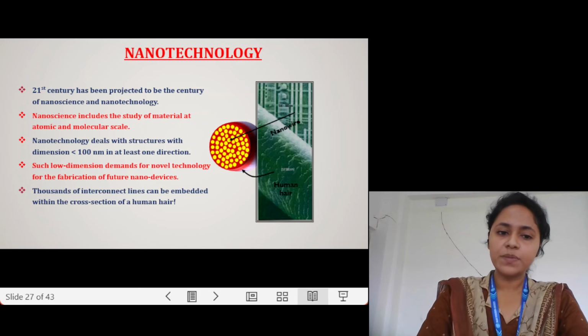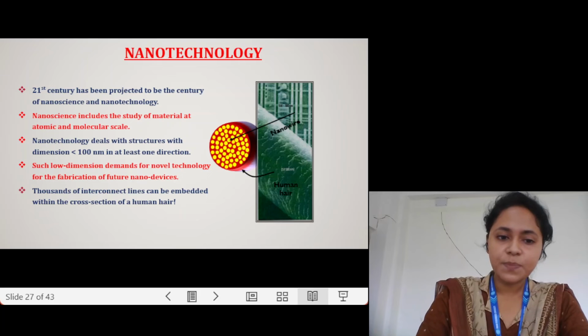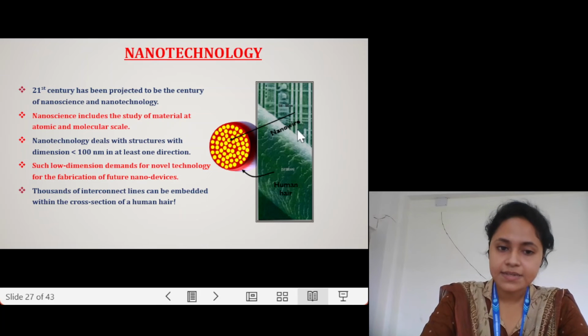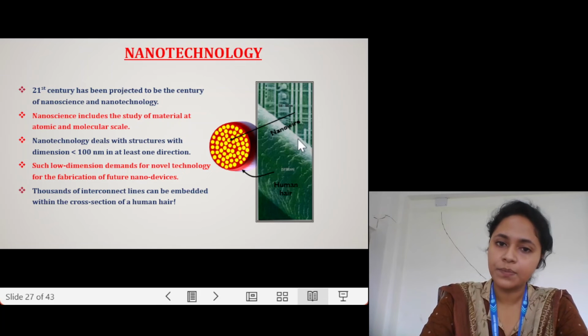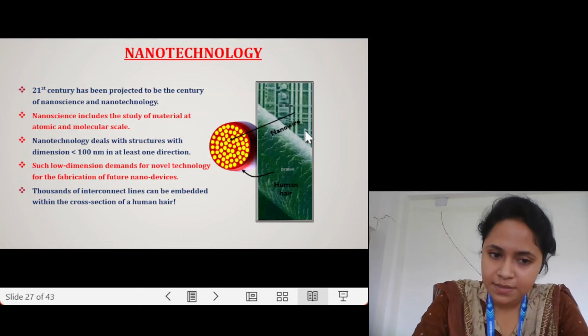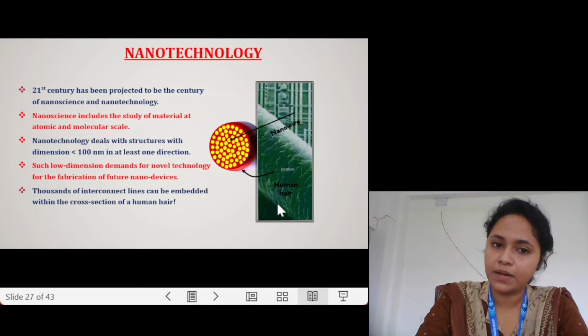Right. So in this image, this is a strand of a human hair. One particular strand of a human hair is around 20,000 nanometers in size.